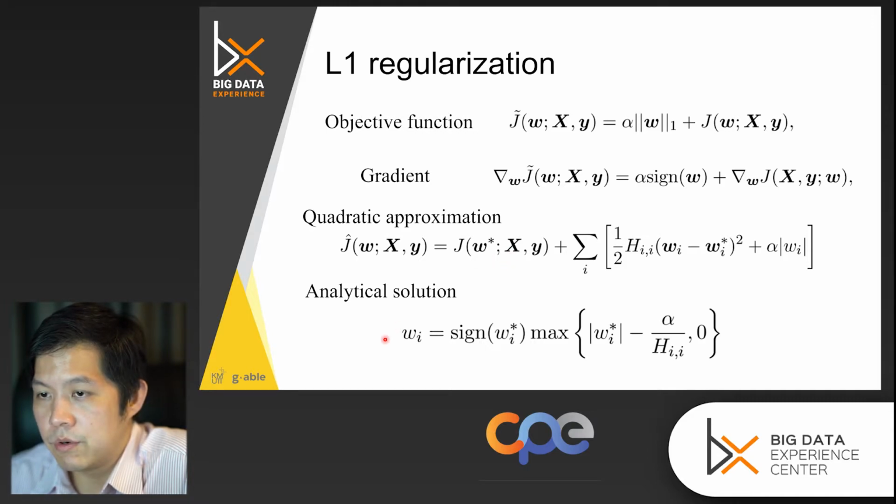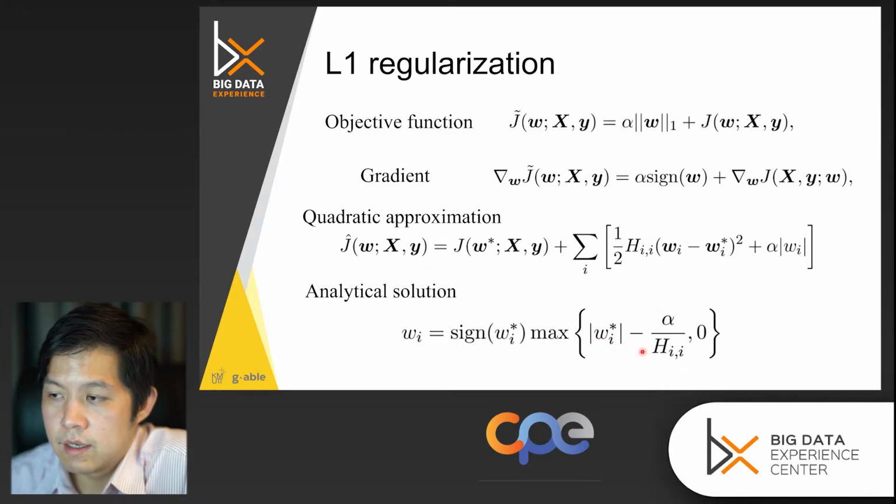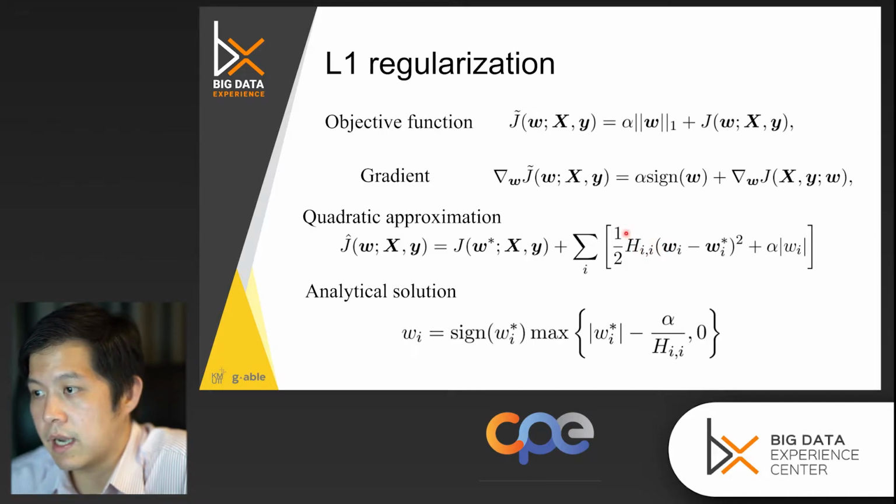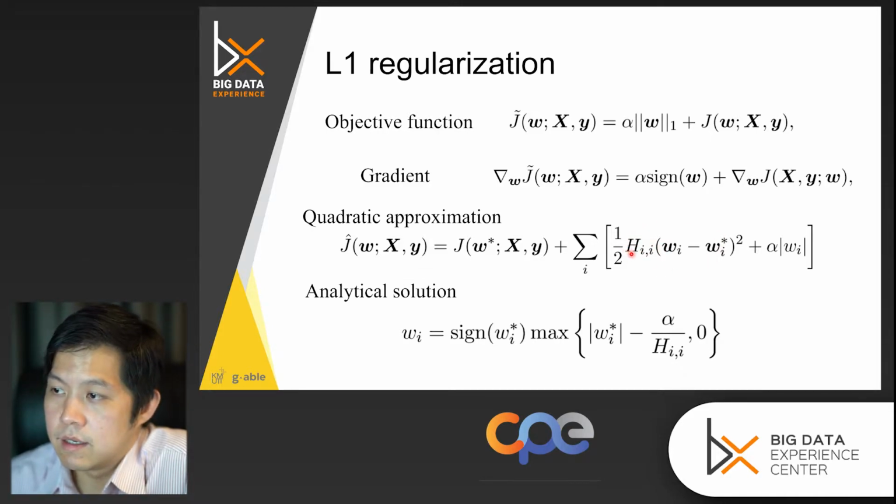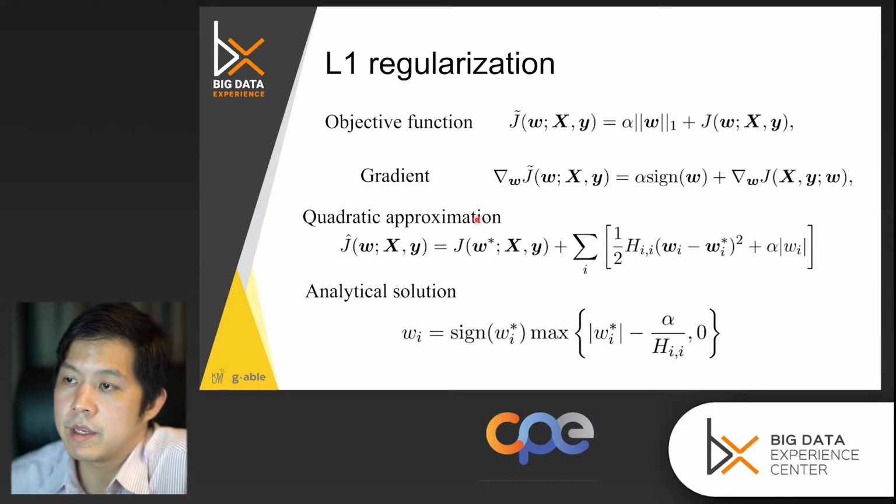So after you solve these equations, W would get into something like the sign of W and the maximum between the absolute value of W and alpha over H_ii here. H_ii is the difference between the weight and the approximation, because this is adding the sign into this.